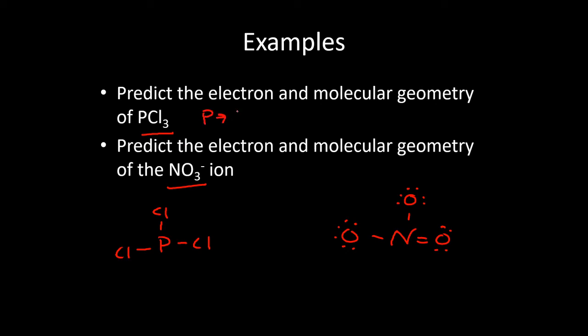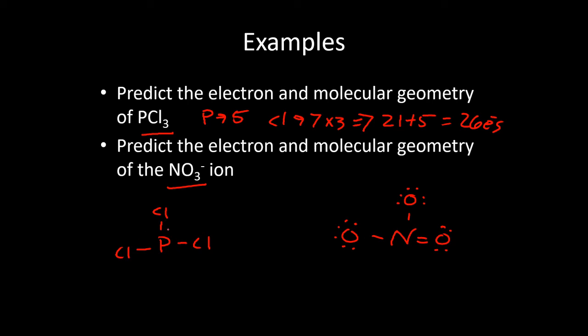Phosphorus has 5 valence electrons. It has a lot more than 5 total electrons, but remember we're only doing valence electrons. So phosphorus has 5, chlorine has 7, and we have 3 chlorines. So this means we have 21 plus 5, which is 26 electrons to put into our structure.